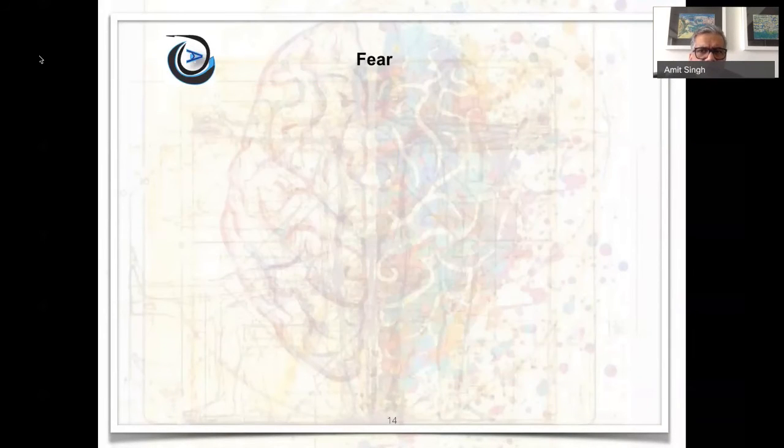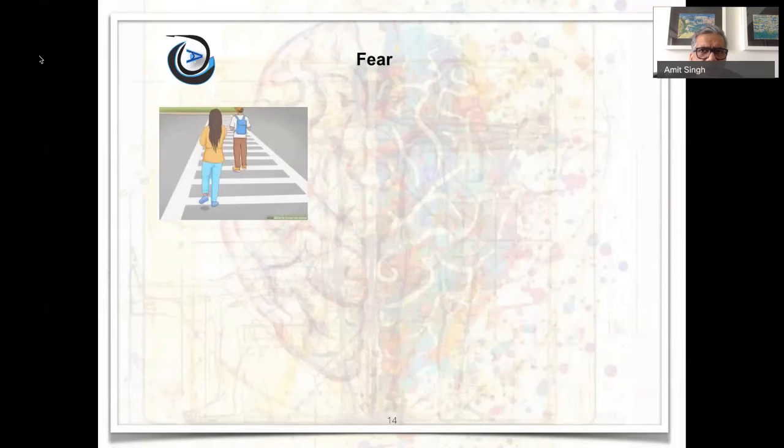Fear in that context can be shown in an example where you have a pedestrian crossing or a controlled barrier, children are crossing, but there are other places where you do not have the barrier. So some people might take the risk of crossing or jaywalking.